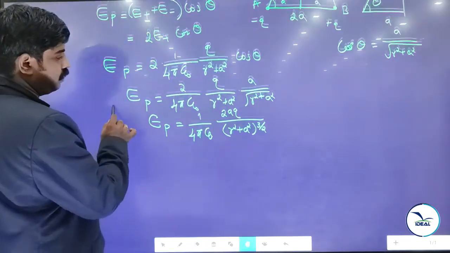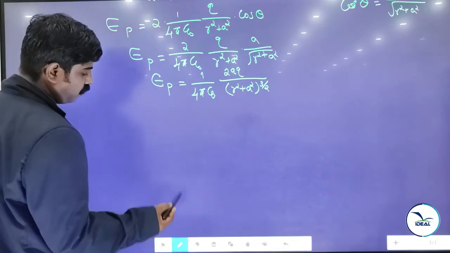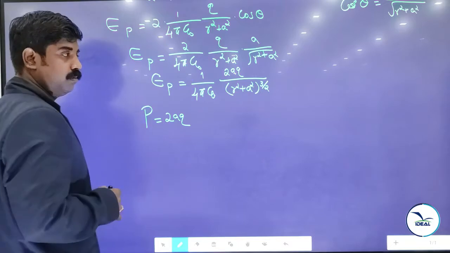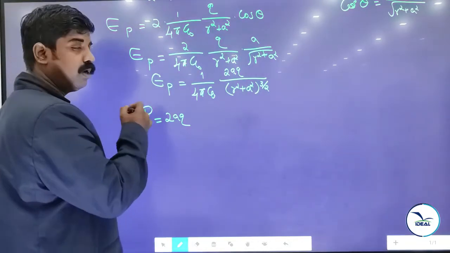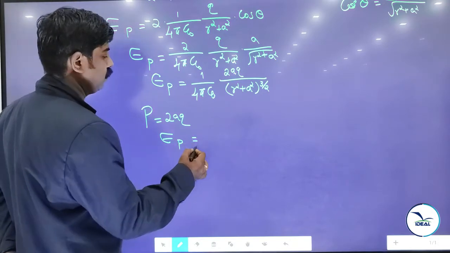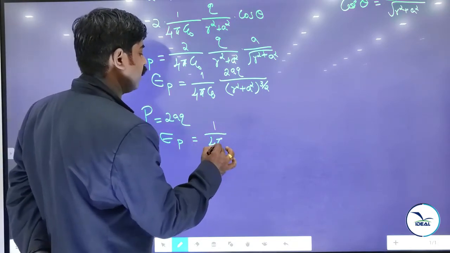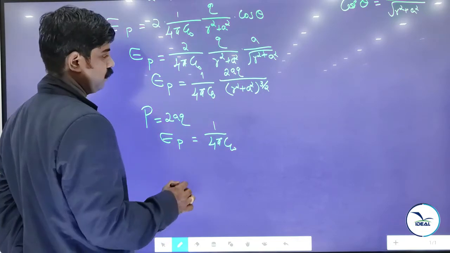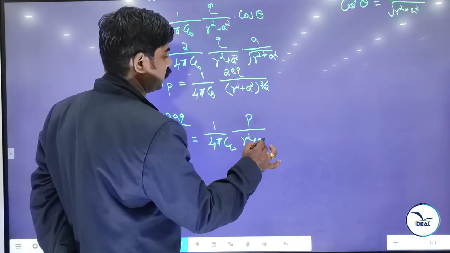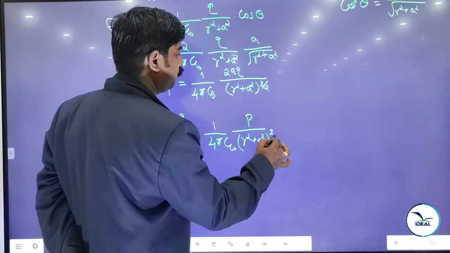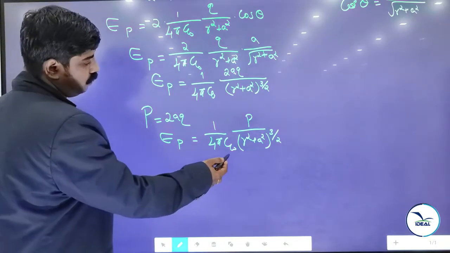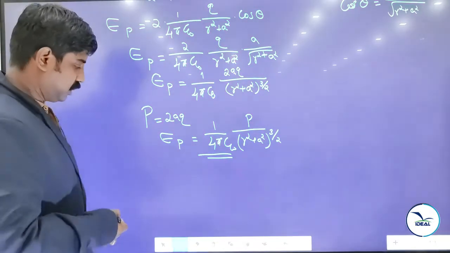Then we know that P is equal to 2AQ, that is the dipole moment. Therefore, EP is equal to 1 by 4 pi epsilon 0 P divided by R square plus A square all raised to 3 by 2. Okay, so this is the equation.